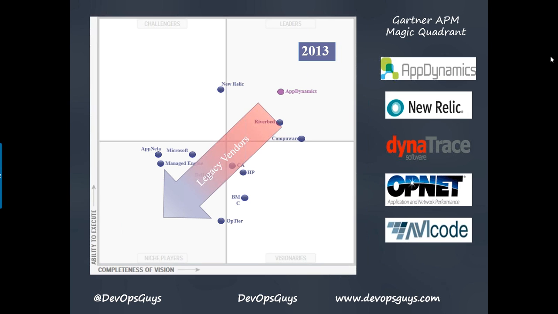So APM defined straight from Wikipedia, the source of all truth. It's actually not a bad definition by Wikipedia standards. It's the monitoring and managing of the performance and availability of software applications. It strives to detect and diagnose. APM is the translation of IT metrics into business meaning, i.e. value.